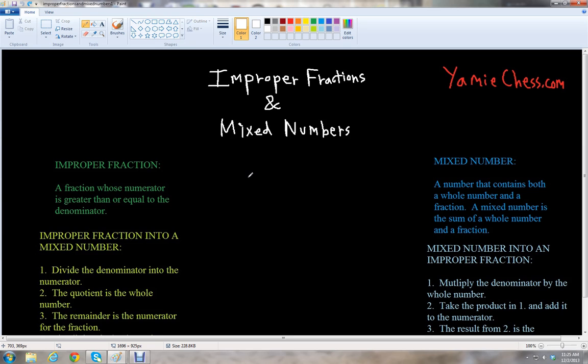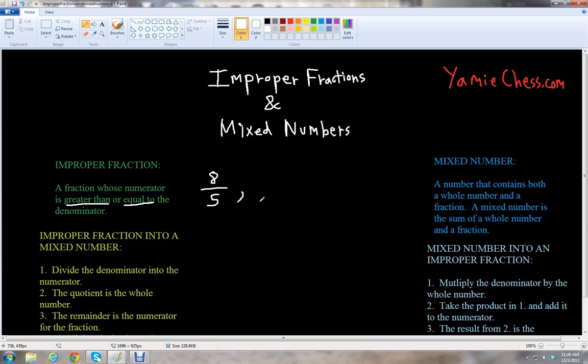So the question is, what is an improper fraction? It is a fraction whose numerator is greater than or equal to the denominator. A couple examples of improper fractions are 8 over 5, since 8 is the numerator, it's greater than the denominator, which is 5.